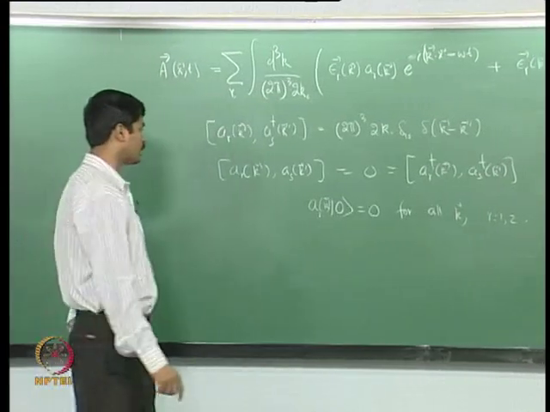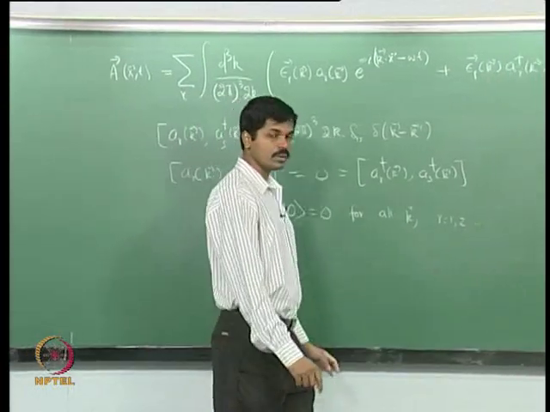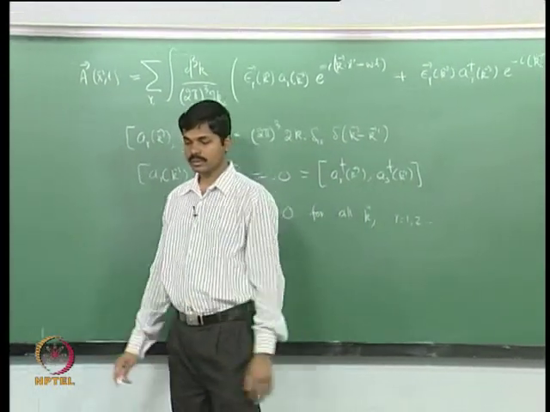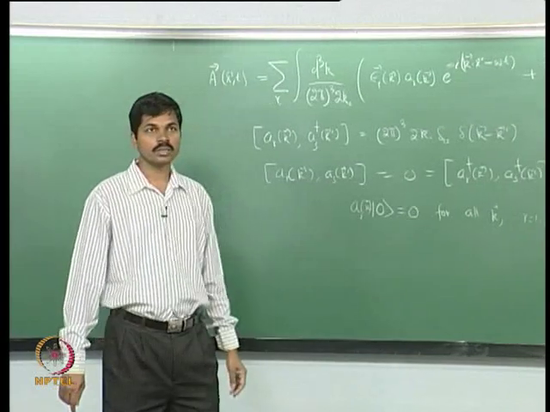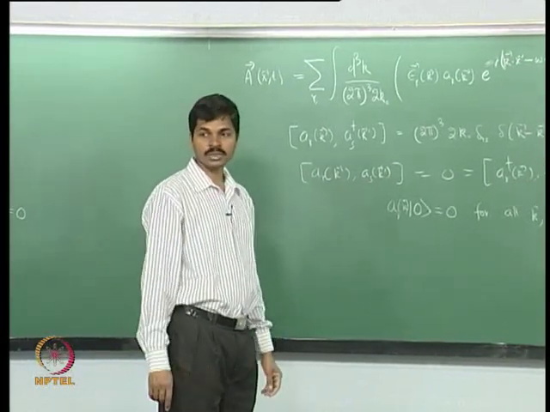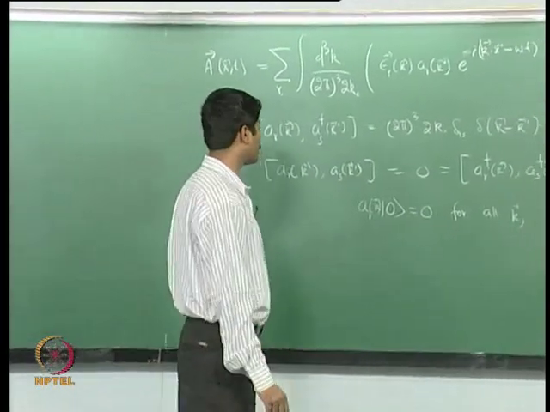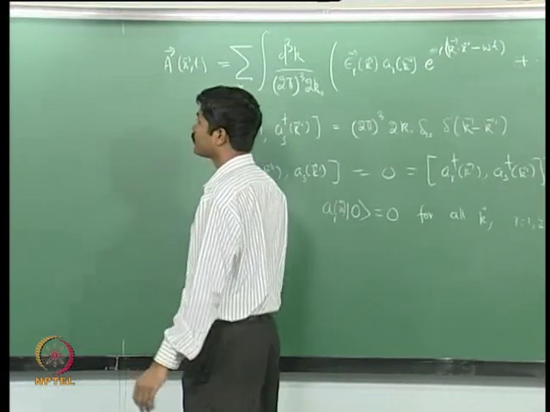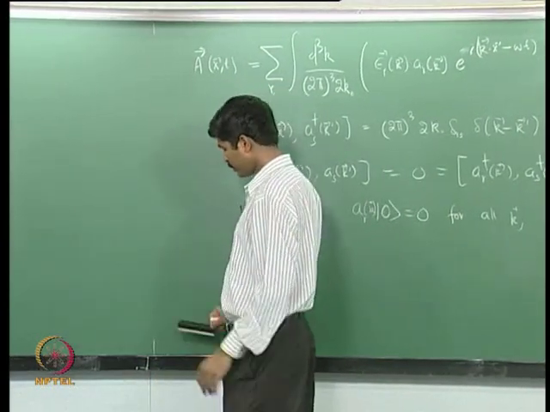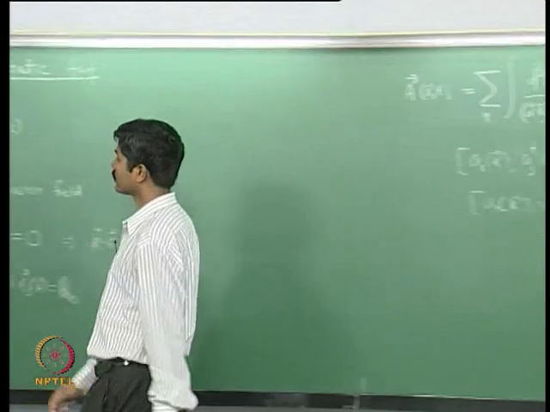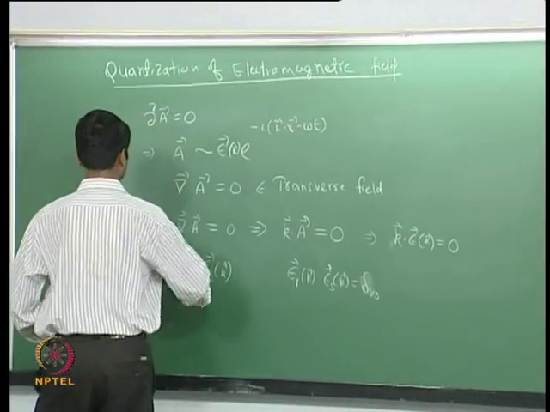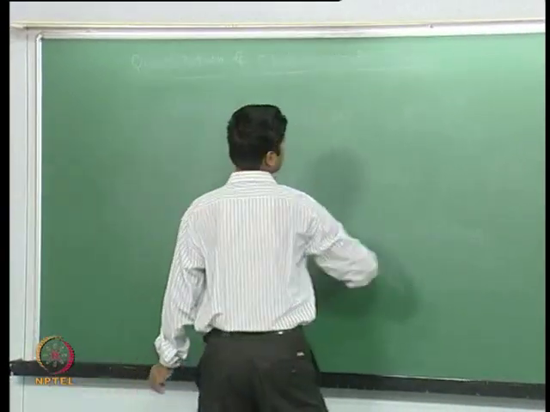What you would like is a quantization where the Lorentz invariance is manifest. To do that, what we will do is modify the Lagrangian, and then we will quantize.